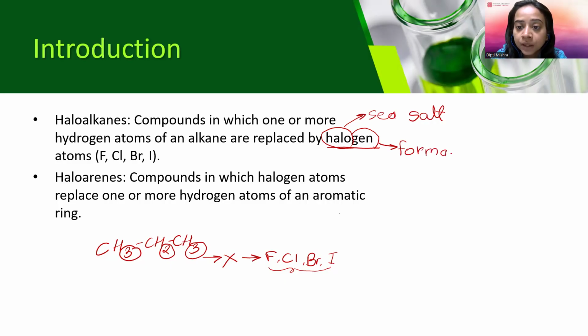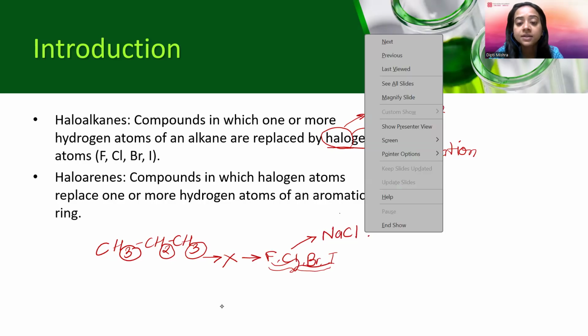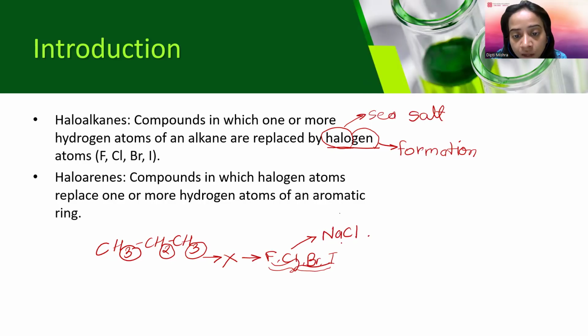So these are known as halogens because these elements are used for the formation of salt. The best example is Cl, what can we form? NaCl, that is common salt. So chlorine is used to form salt. That's why fluorine, chlorine, bromine, and iodine are known as halogens. This name is taken from the Greek language.